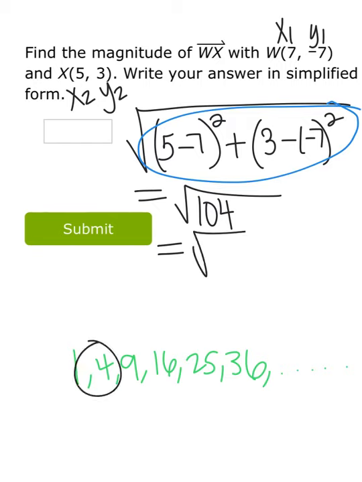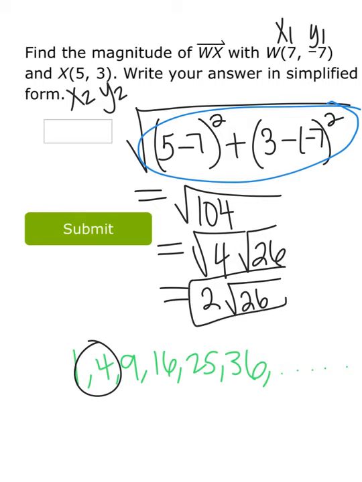So we can break this into the square root of 4 times the square root of 26, because 4 times 26 is 104. And then let's go ahead and simplify that. The square root of 4 is 2, and then I would just leave the square root of 26 as is, because the only two factors of 26 are 2 and 13, and neither one of those are perfect squares. So my answer would be 2 square roots of 26.